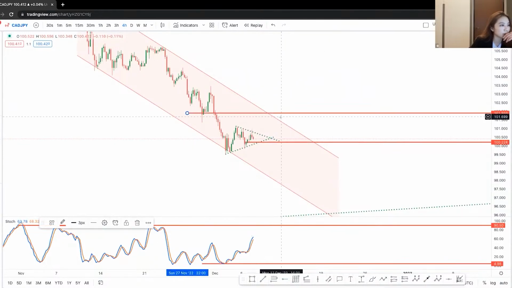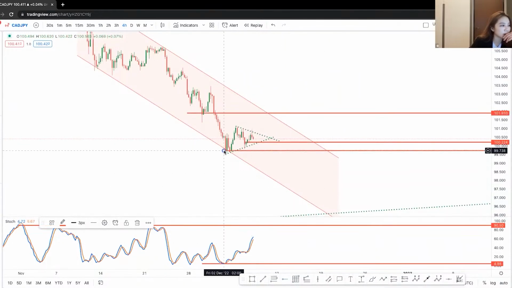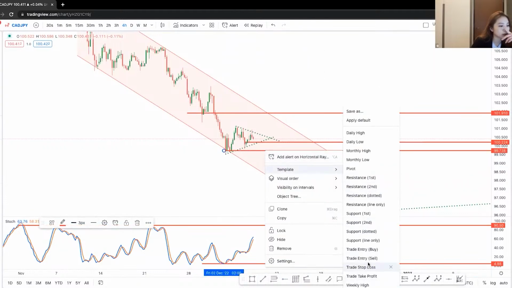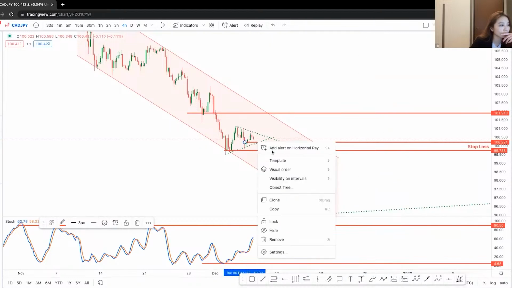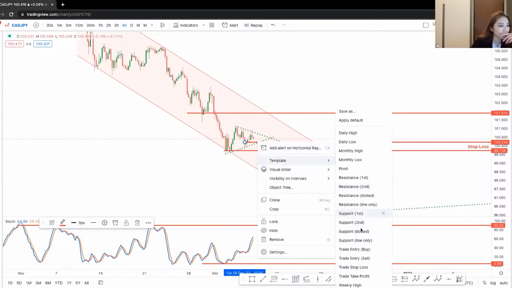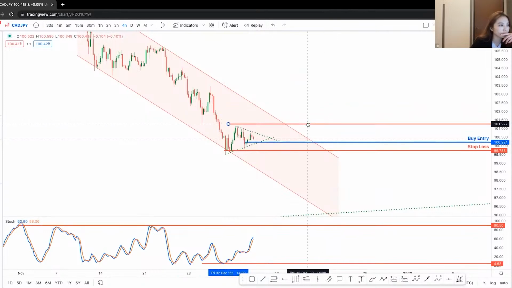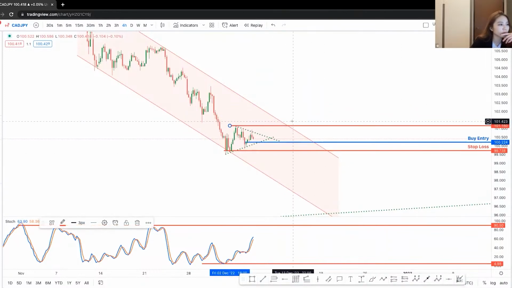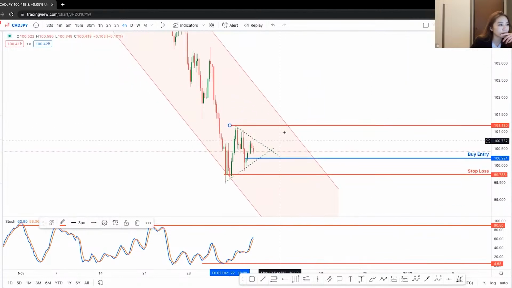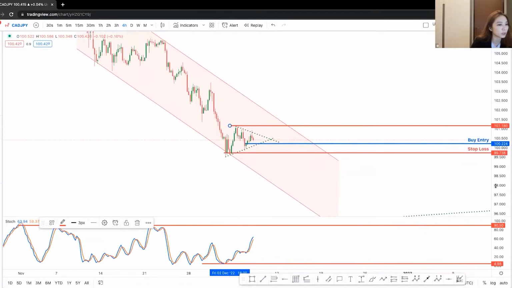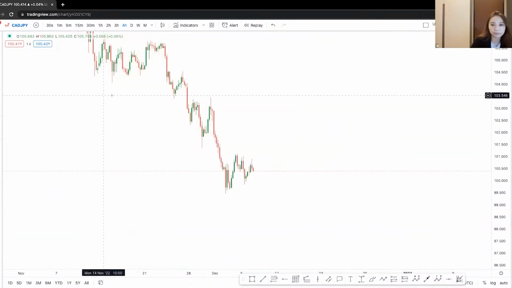However, it's not a very big entry. I would say the risk is not very worth it. So in order to keep our take profit within the channel, we will be looking at more of a 1:1 in terms of stop loss and take profit, which I am not a very big fan of.